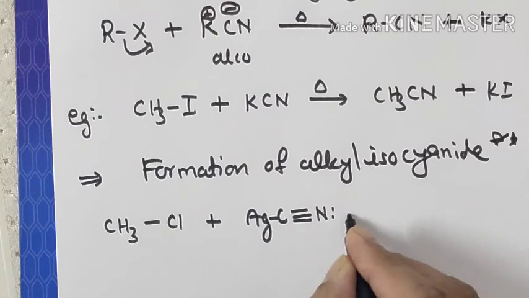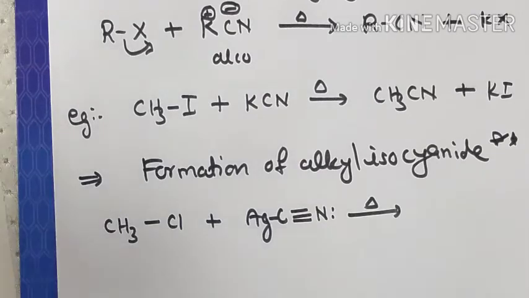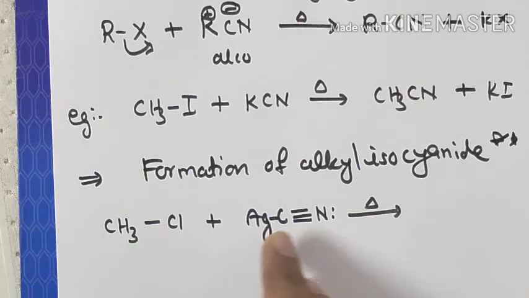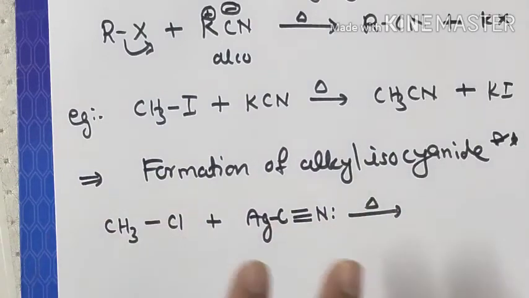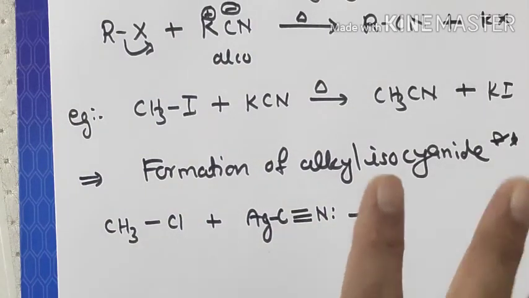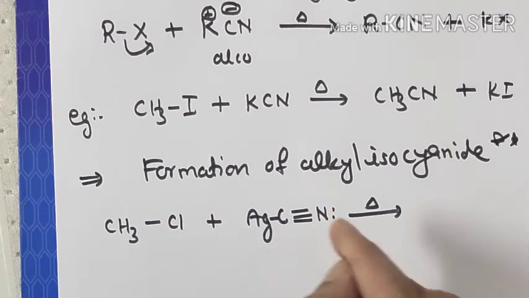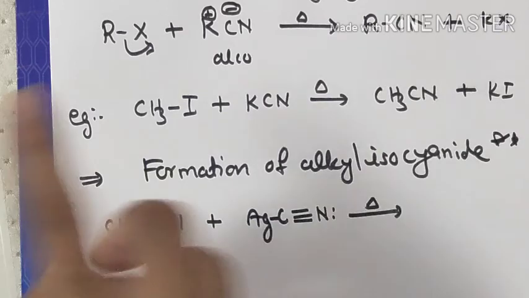Okay, but nitrogen has this electron pair, and this nitrogen is not going to wait for a dissociation between Ag and carbon so that the electron comes on carbon. Nitrogen is not going to wait that much. As a result, this nitrogen is going to take the lead. This nitrogen is going to put the electron to this carbon. It is not going to wait for this carbon to put the electron.